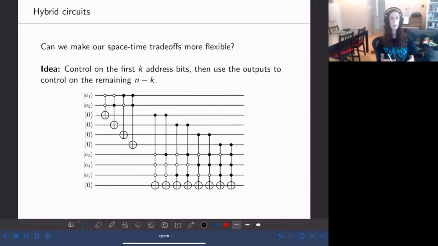Another thing that I looked at was maybe there are some in-between cases that could also be interesting. Rather than doing these mixed polarity multi-controlled gates using all of the qubits, what if we just did the first half and then used that output to affect more of them on the second half of the data?